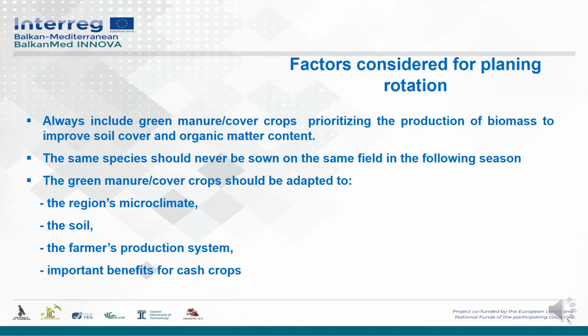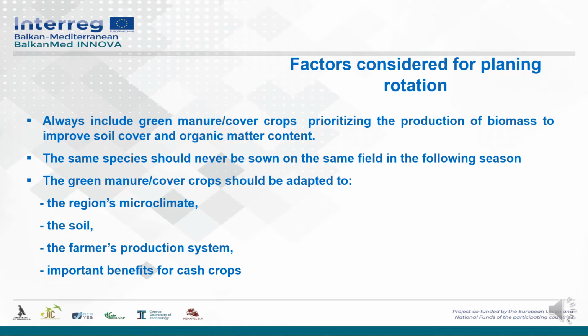So, for example, why have soil cover? It is important to protect the soil from erosion. Of course, there are other benefits, but here we are concentrated mainly on the benefits of rotation.